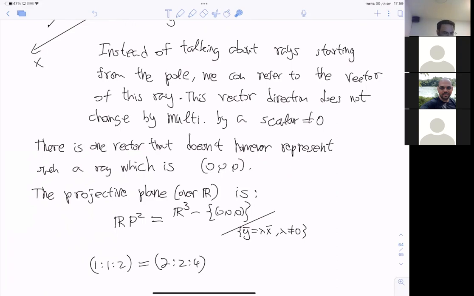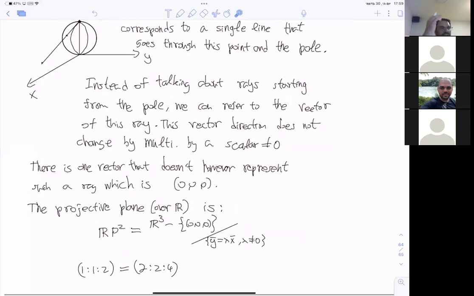So this is how we write elements in the projective plane. The only thing we care about, and this is how we look, is the angle. That's all. We don't really capture Euclidean space. We just capture angles.